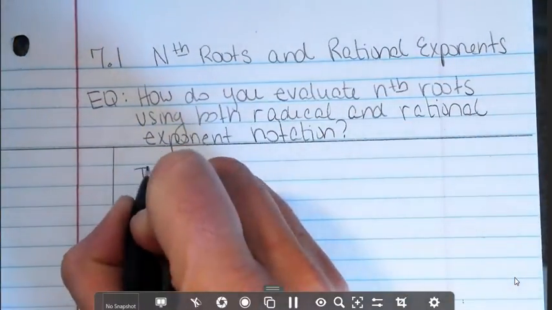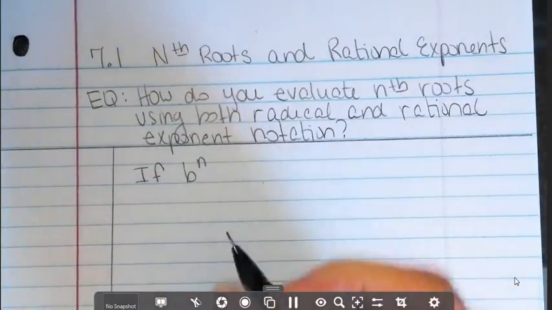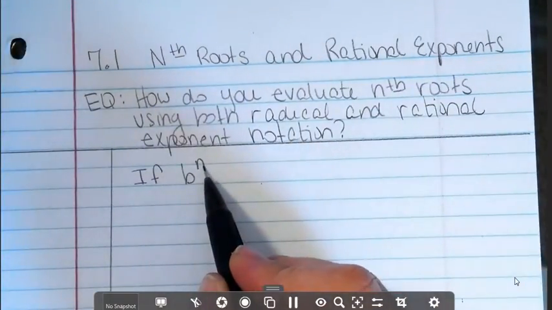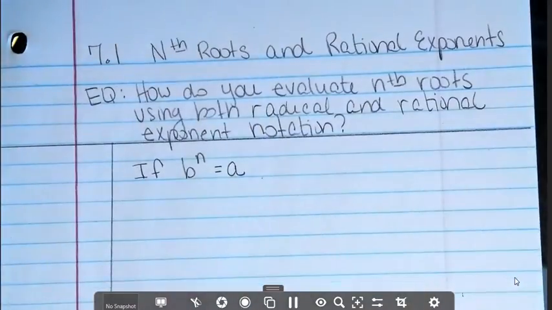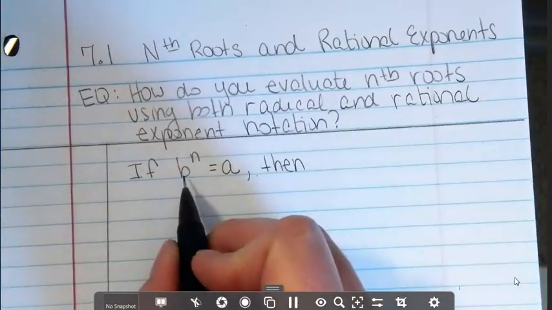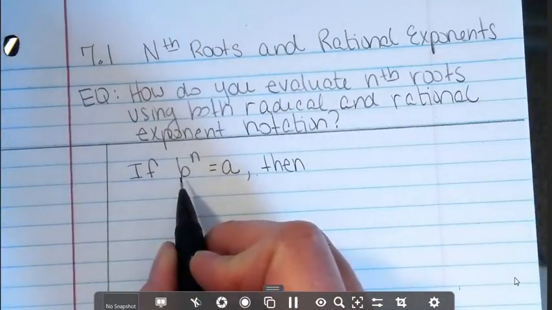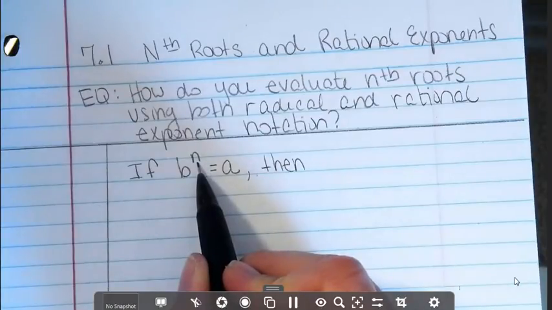So what you need to know is if I have some base raised to some power, and that equals a, then I can get b all by itself. I can solve for b by basically undoing what's happening here.